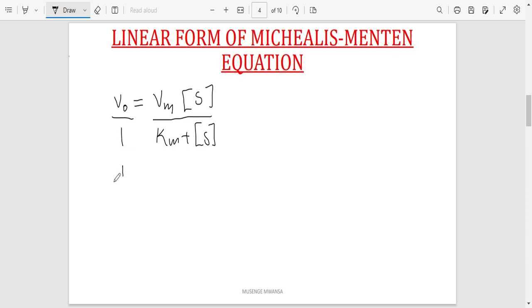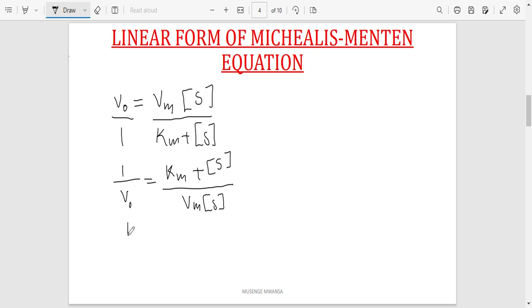We're going to have 1 over VO, and that is going to be equal to Km plus the concentration of the substrate, divided by Vm, times the concentration of the substrate. So we have got Vm multiplied by the concentration of the substrate.